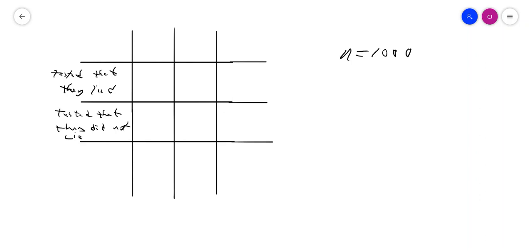So I made this table where we have 1,000 people there, right? And then we know that they're telling us that 10 people lied, right? 10 people lied.